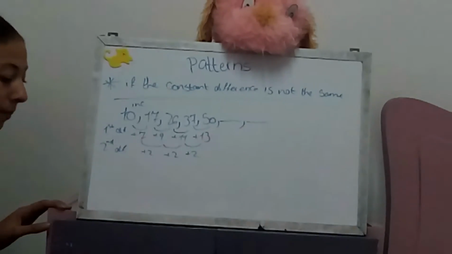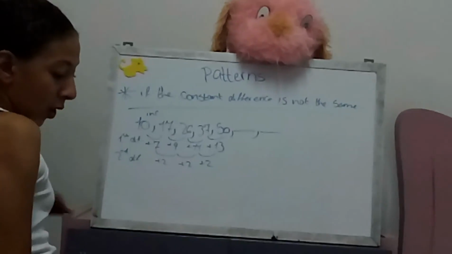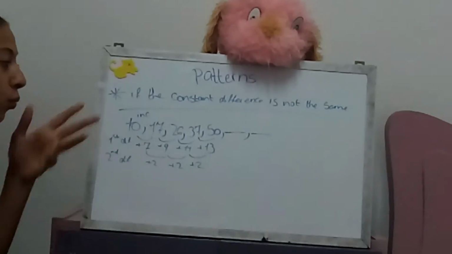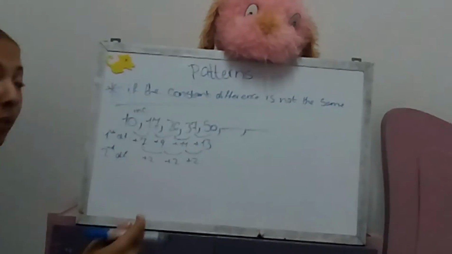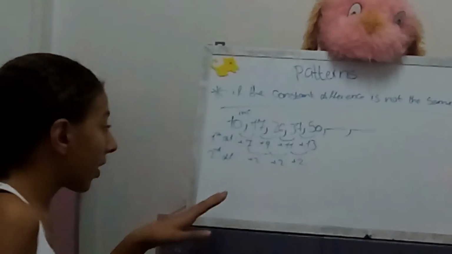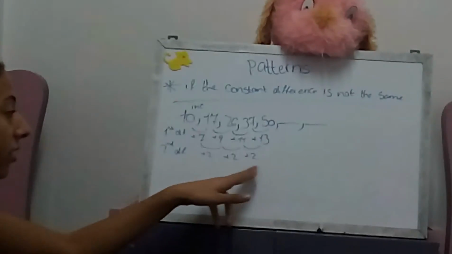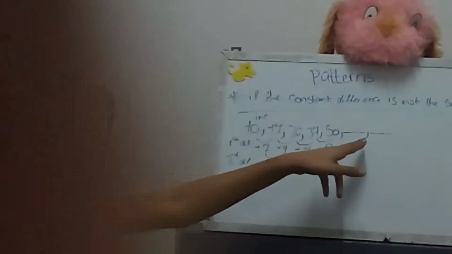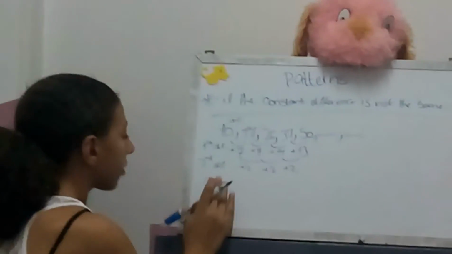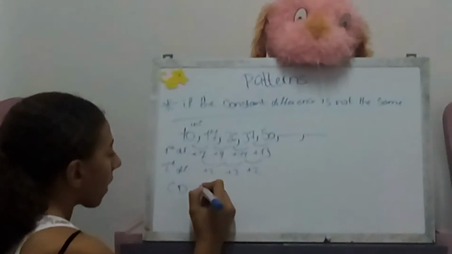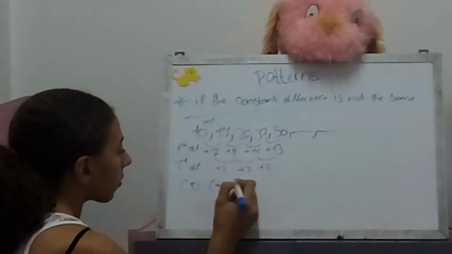So how the question comes: which differences are constant, which differences are the same? In this question, you'll say the second. Some questions are in the third difference, okay? In this question, the second difference is constant. So the constant difference is plus 2, okay?